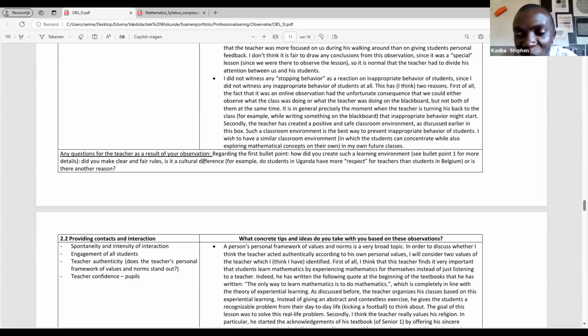Now, the learning environment and the teacher determine the mood for the class. Here it's more or less what we call discipline measures. When you come in class, we expect you to be quiet, we expect you to respect the teacher. So it's more or less a culture that these children have been brought into.